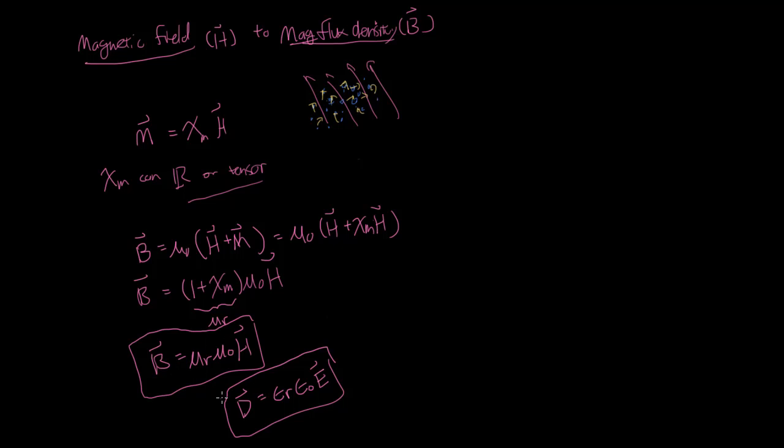So mu r is quite often equal to 1, and if I don't specify in problems, that's usually the going assumption. But in most materials, epsilon r has a lot more variability. So in a large chunk of the problems, you just have mu r equal to 1 and epsilon r being equal to something else if you're not in the case of a vacuum.